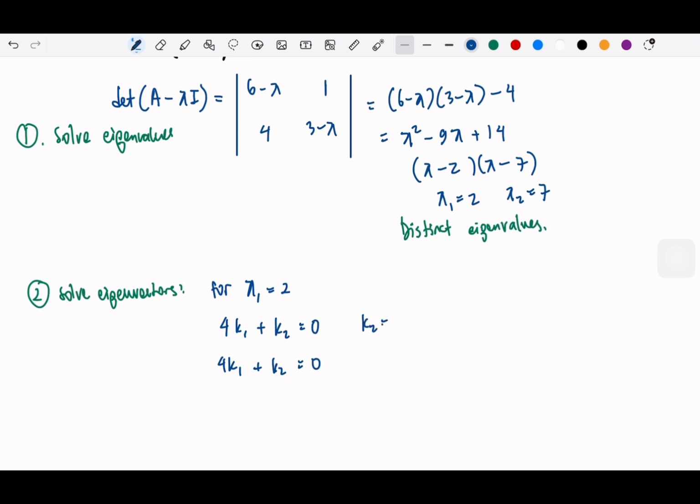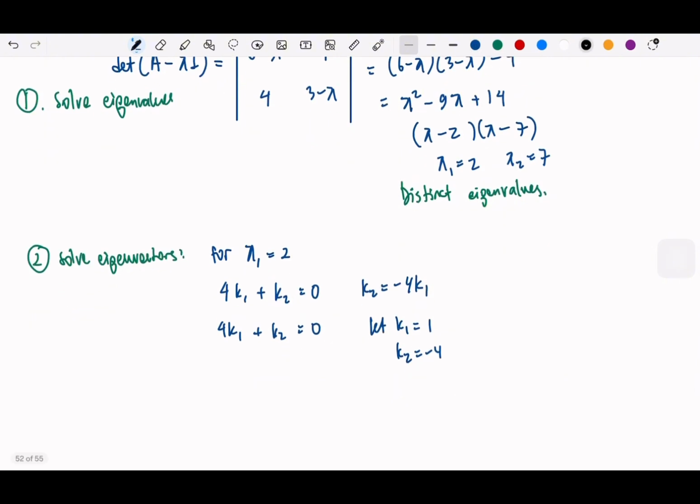So k2 is negative 4k1. So suppose that we can make k1 equal to 1, then k2 is negative 4. So we can have some possibility for eigenvector 1. It can be 1, negative 4.